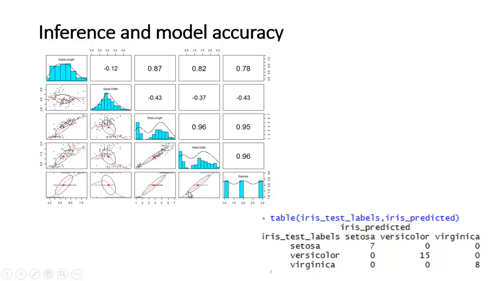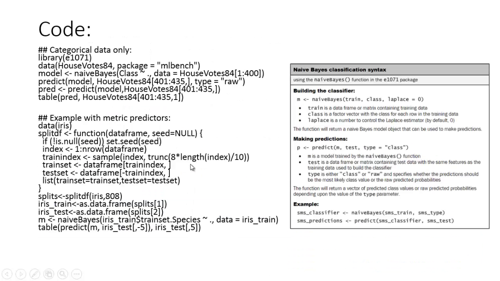The more the ellipse is stretched, the stronger the relationship is with the feature of that classifier. So a species is dependent on these things, and in turn the sepal length, sepal width, petal length and petal width are also dependent on each other. So you can't actually use naive Bayes, because naive Bayes uses the concept of independence among the feature variables. So this will give error because of the dependence.